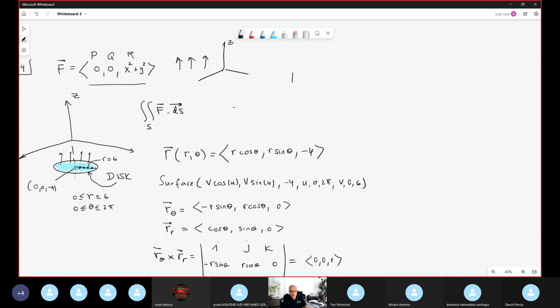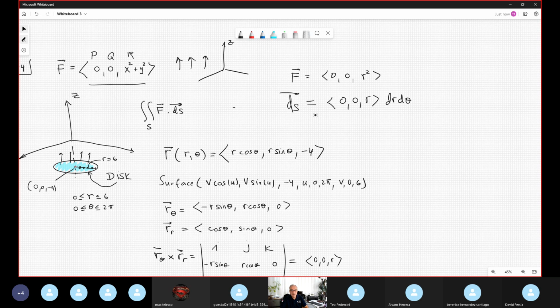Our vector field is the vector 0, 0, r squared. Makes sense, right? And the dS is this vector, that is 0, 0, r. And of course, dr d theta.